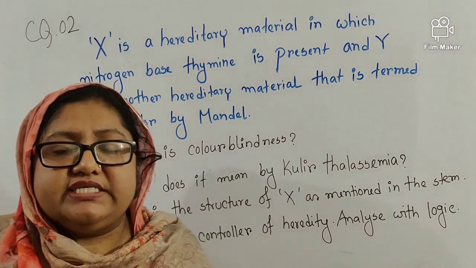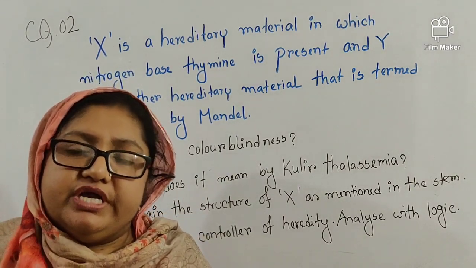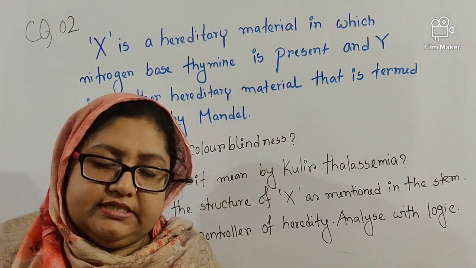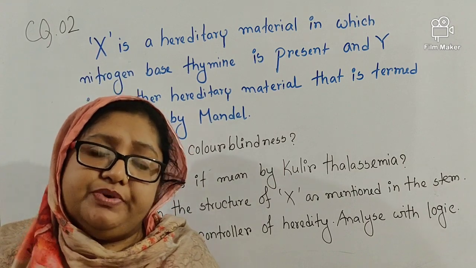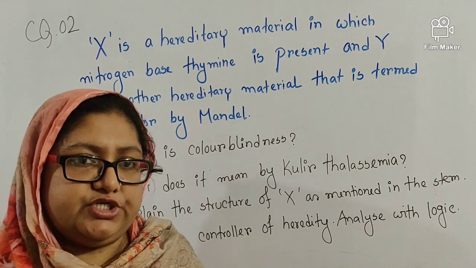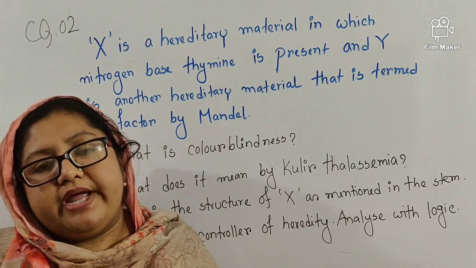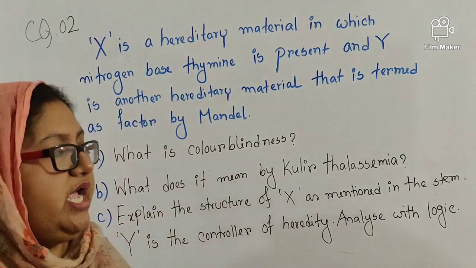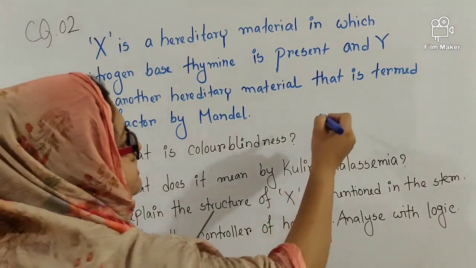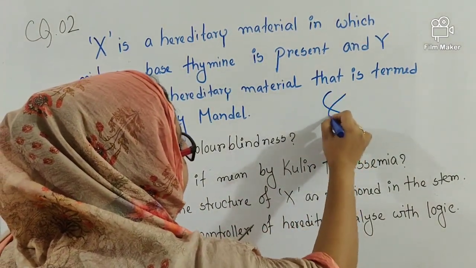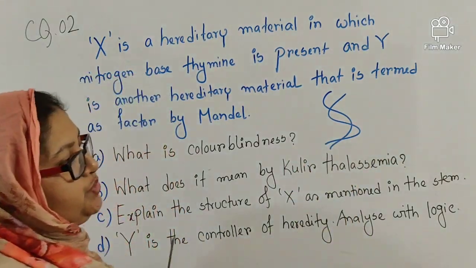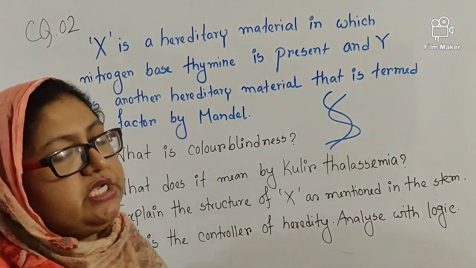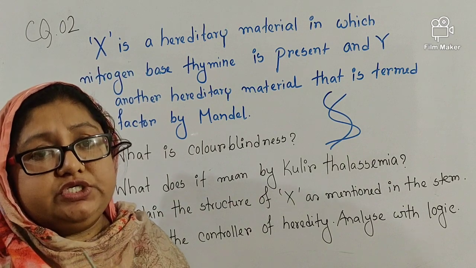In my previous class, I discussed the structure of DNA, but in today's class, I will also explain the structure. First of all, you will write the structure of DNA. DNA is a double helical structure, like this. So DNA is a double helical structure and it is a polynucleotide.